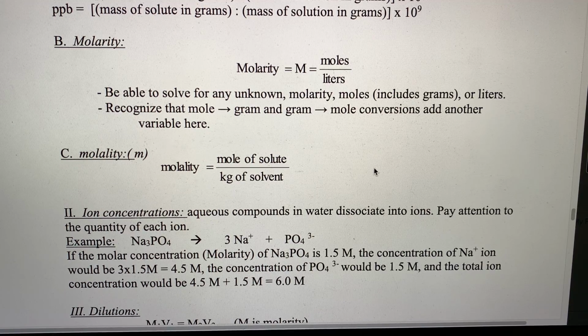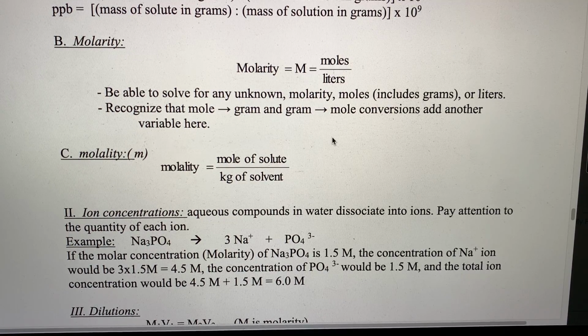Most of us probably already know molarity. It's the number of moles of solute divided by the volume of solution. Units have to be in liters. Most of the time we will be given grams of the solute, and we need to be able to convert grams to moles. Hopefully you remember, from grams to moles, you divide by molar mass.